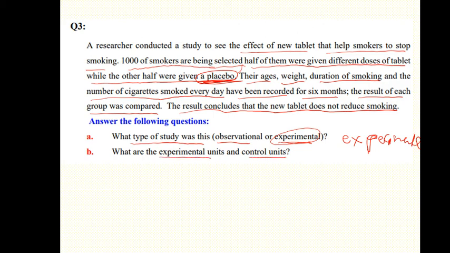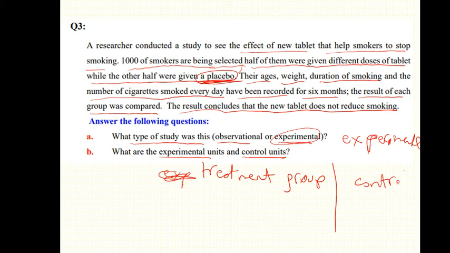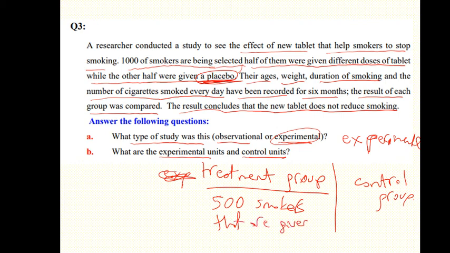The experimental units and control units mean the treatment group and the control group. The treatment group is 500 smokers that are given different doses of the tablet.